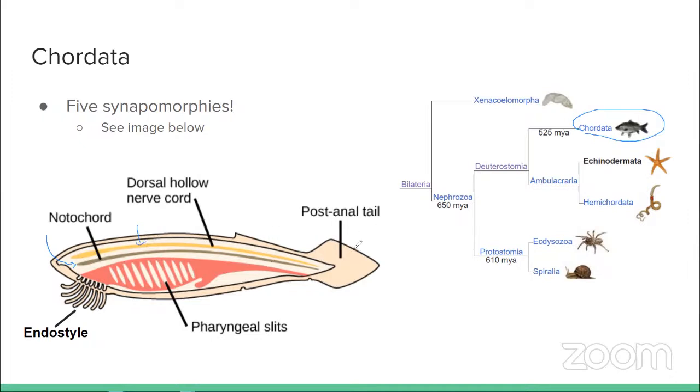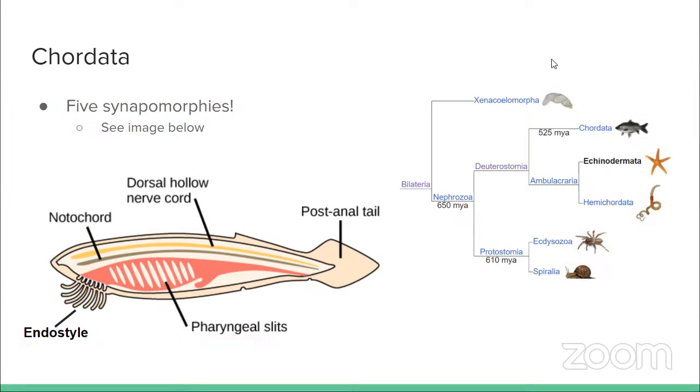We have a tail that is positioned after the anus, so this post-anal tail. We have additional tissue forming past the end of the gut tube. We have pharyngeal slits, which are basically like gills. You can see this is a very fish-shaped example. We have an endostyle, which is a feeding type apparatus.